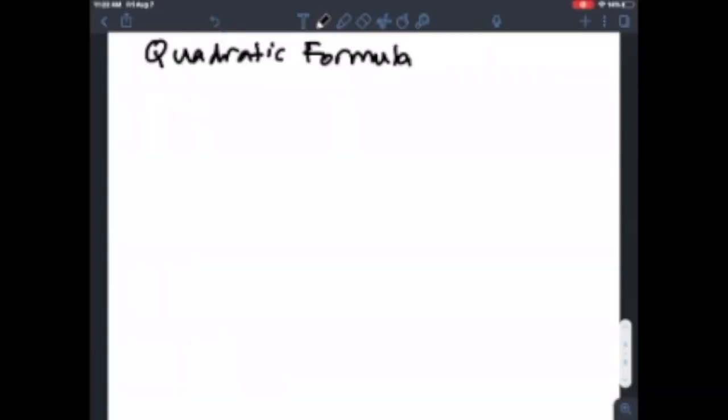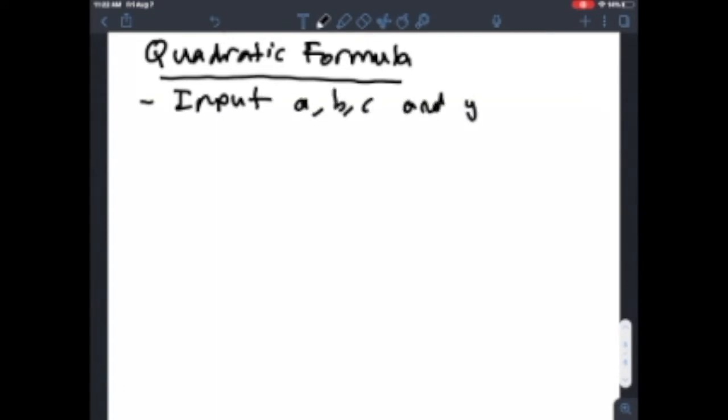The way that we solve quadratics is with this magic formula called the quadratic formula. What this quadratic formula does is you input a, b, and c, and you get x, or the multiple x's that work.